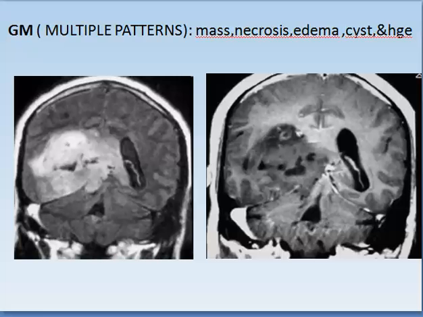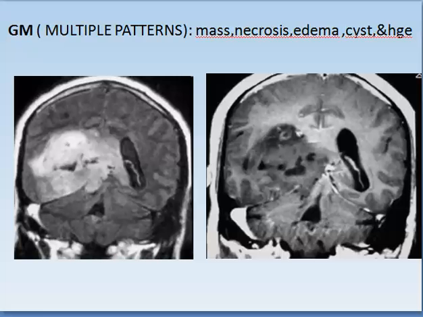Number 2, which you can observe, is the crossing to the other side. Once you have multiple patterns crossing to the other side, you are either with lymphoma or with glioblastoma multiforme. Of course, this is glioblastoma multiforme.